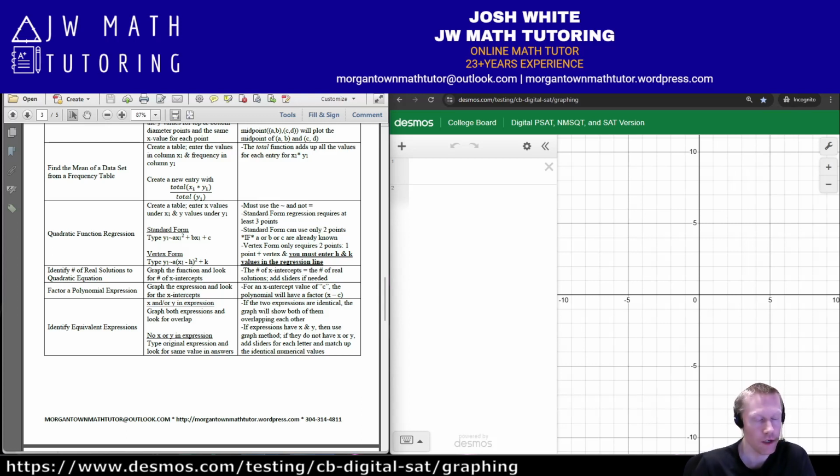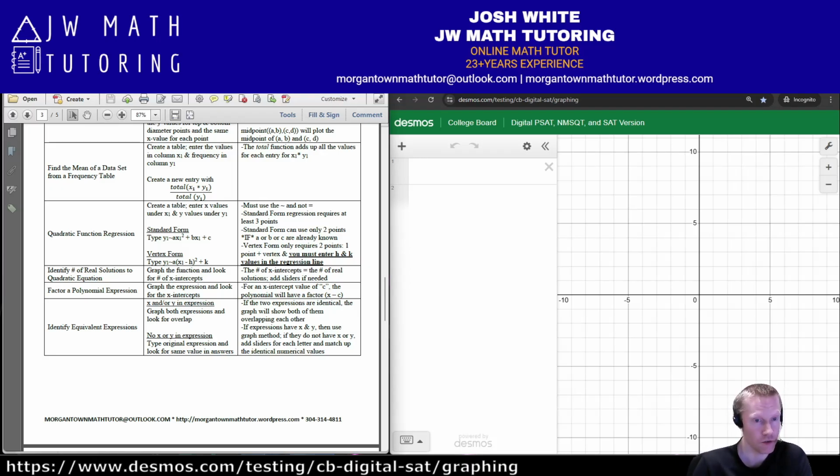The first one would be one where you have x and/or y in the expressions. And if that's the case, generally the easiest way to do it is to graph the expressions that you're trying to match. So in other words, maybe the original expression that's given and then the answer choices, and you see which one overlaps it completely. Which one essentially matches the original expression, has the graph on top of it.